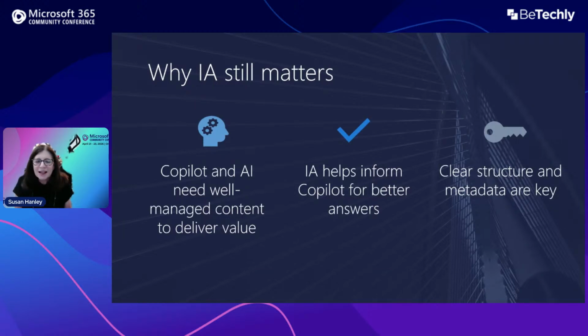Copilot or any AI system needs really well-managed content that is current and reliable and up-to-date in order to get the outcomes that you expect. Great IA makes Copilot better, and that means having a very clear, manageable structure with metadata that can enhance your outcomes.